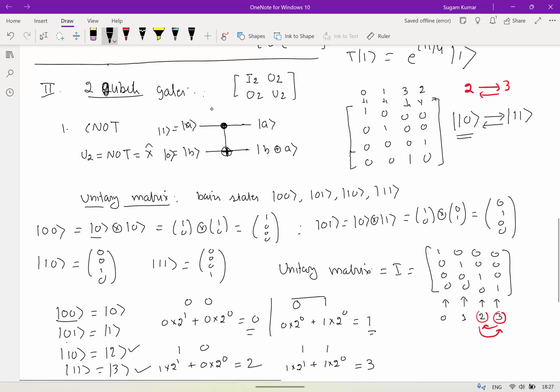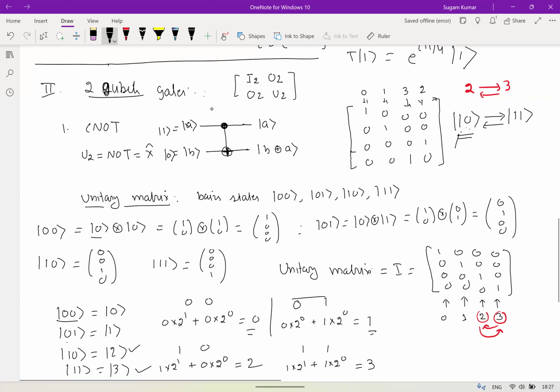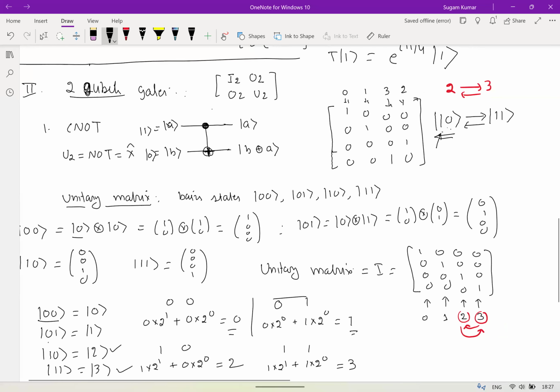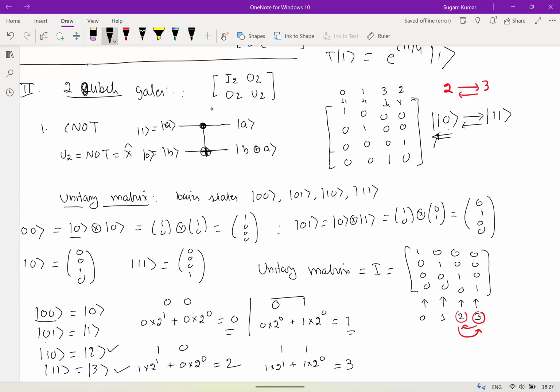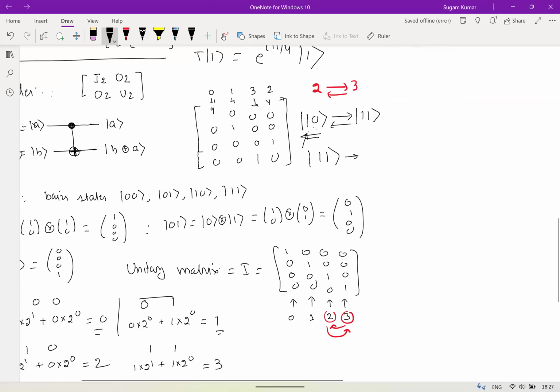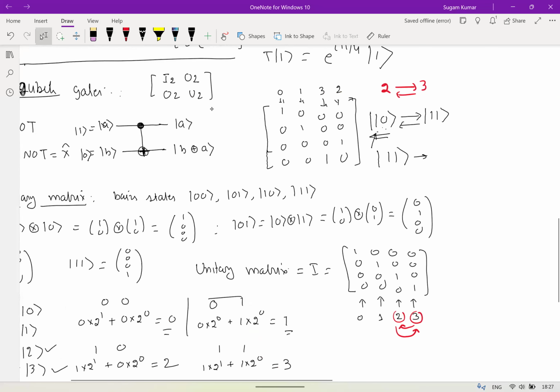So when you have 1, 0, what will we do? The control bit is going to control the target bit. So if the control bit is 1, it will flip the spin of the target bit. So this will become 1, 1. And similarly, if you have 1, 1, it is going to make 1, 0.